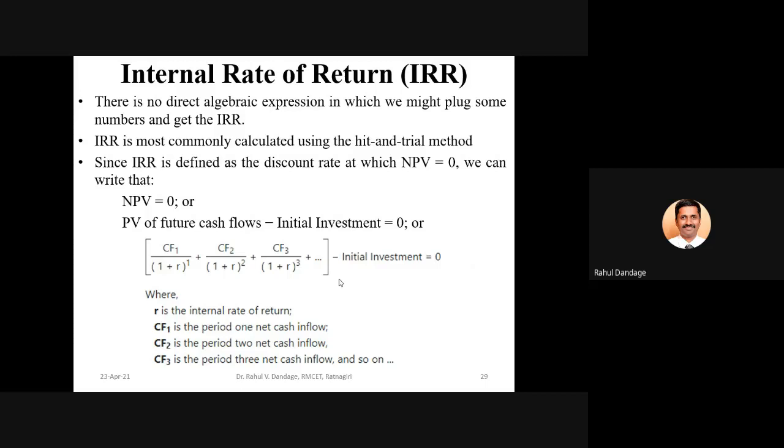So CF1 divided by (1 plus r) raised to 1, plus CF2 divided by (1 plus r) squared, plus CF3 divided by (1 plus r) cubed, and so on, minus the initial investment is equal to 0.